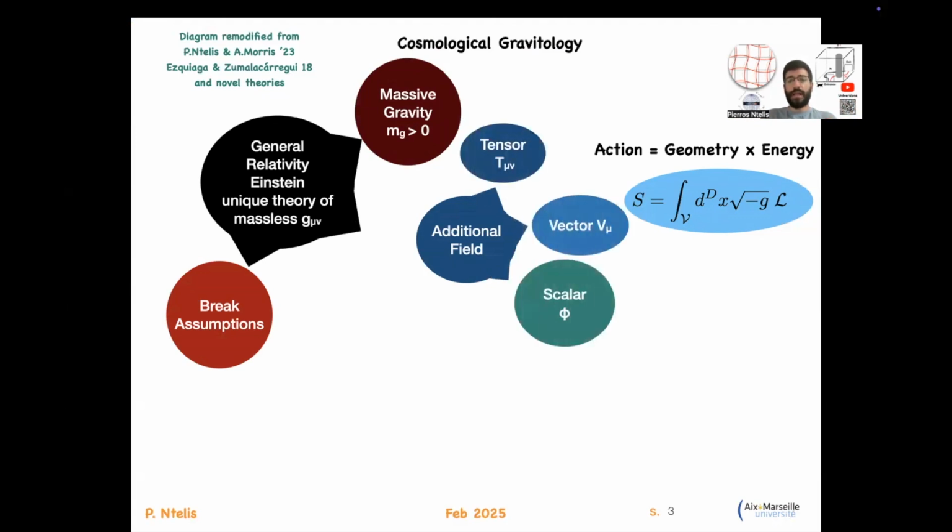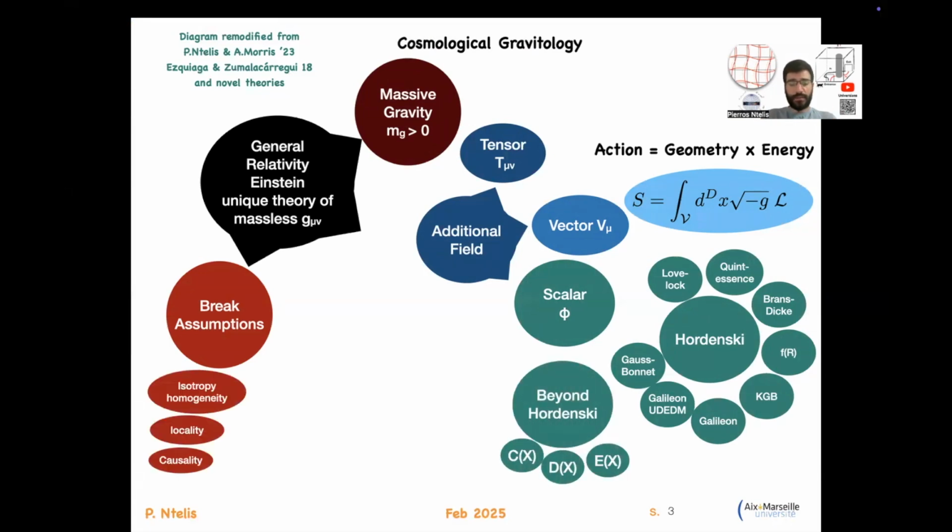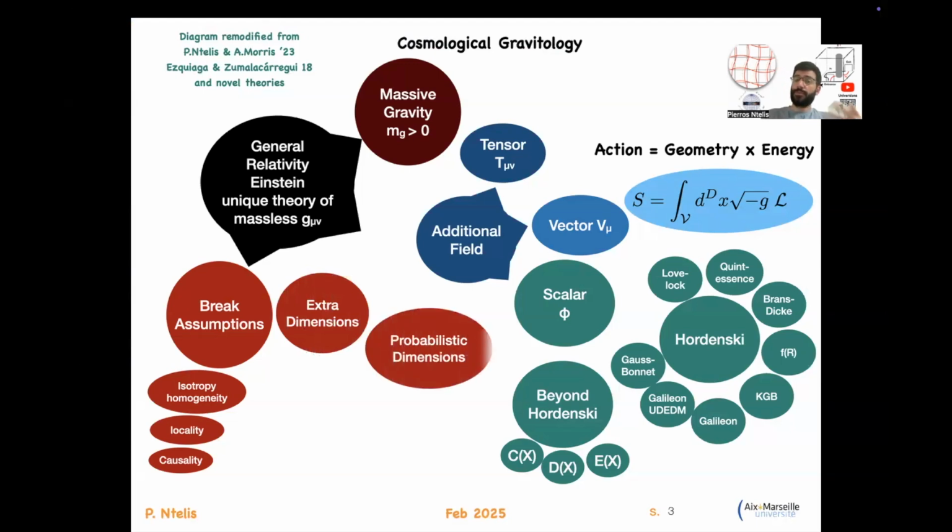For example, when we add a field, we can add different types of fields, and these have different flavors, different names of people who have been working on and extending those things. And when we break the assumptions, what do we break? We break isotropy and homogeneity, locality and causality. So maybe we can add extra dimensions or probabilistic dimensions, or we can even talk about different types of geometries.